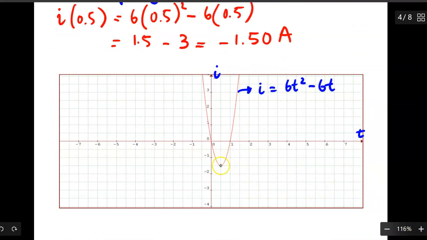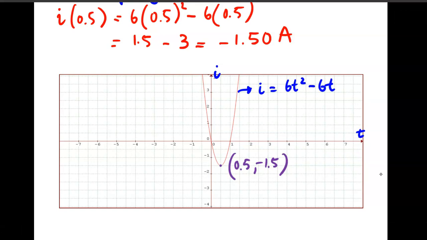Okay, so let me click that for everyone. This point represents 0.5 and negative 1.5 according to this graph. So you see, obviously, it's a minimum current.